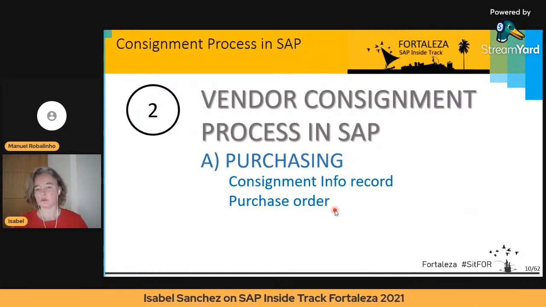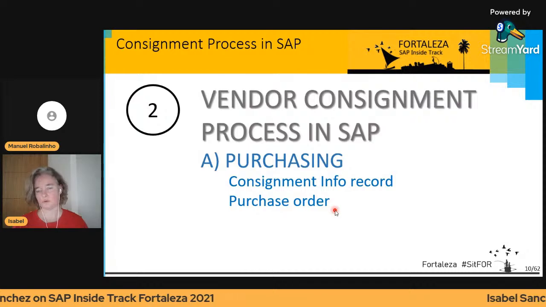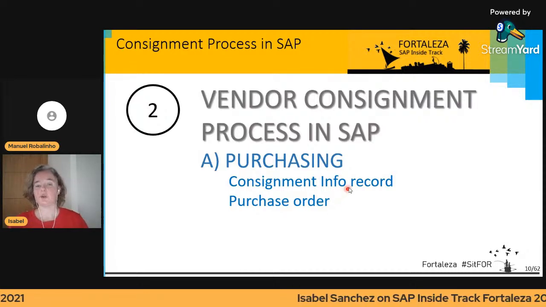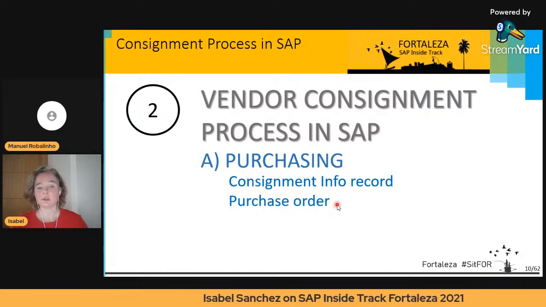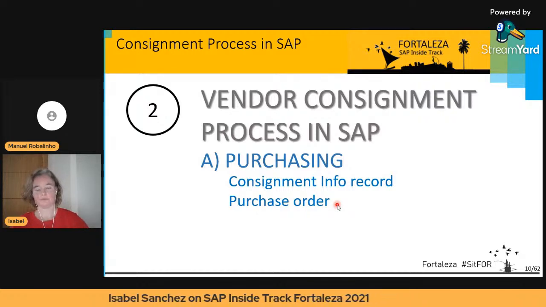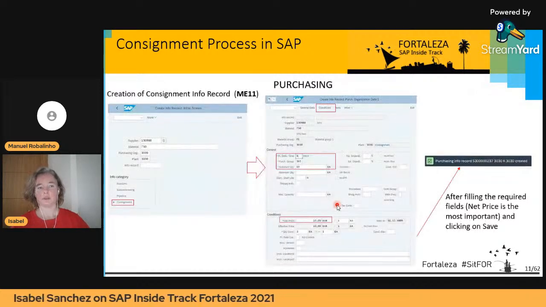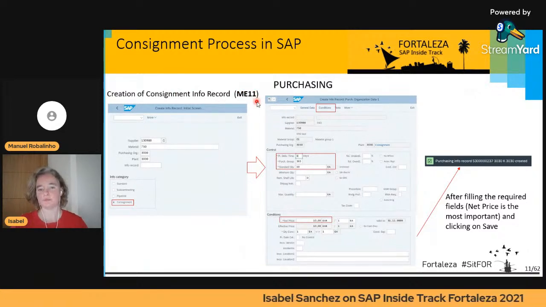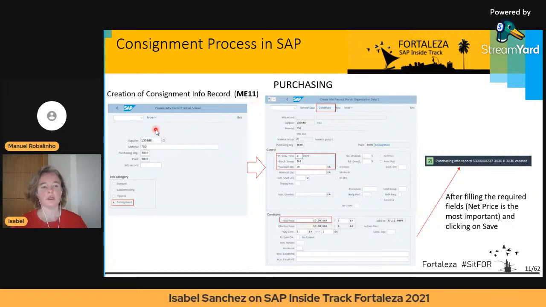In purchasing, you have 2 documents or transactions to create. First, an info record, and second, a purchase order. For the info record, the transaction is MA11 for creation.